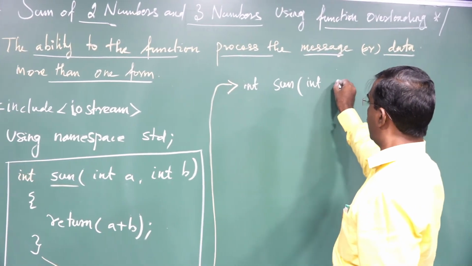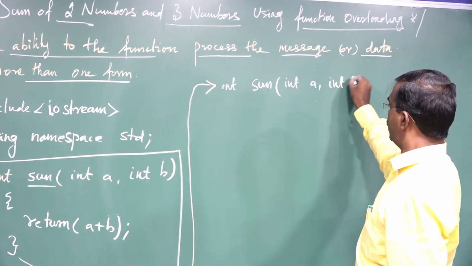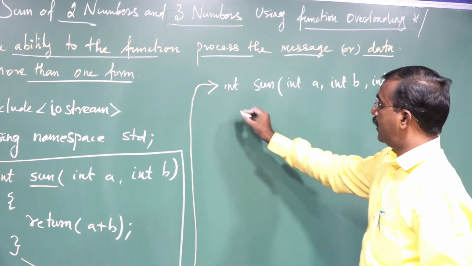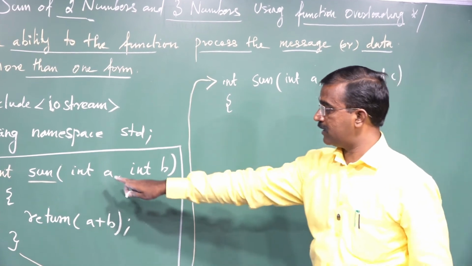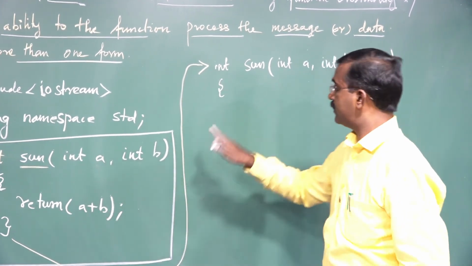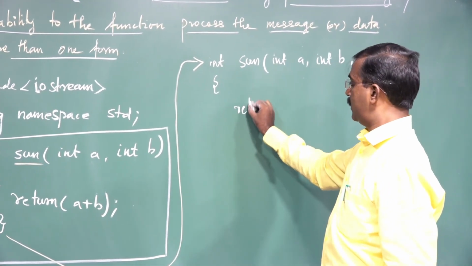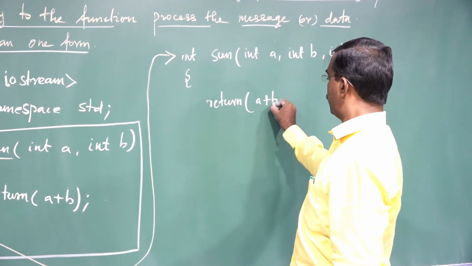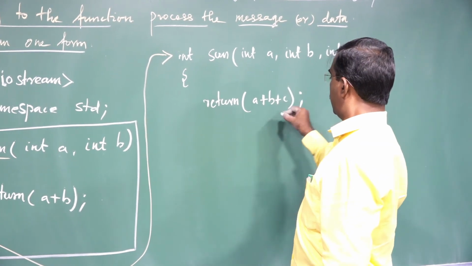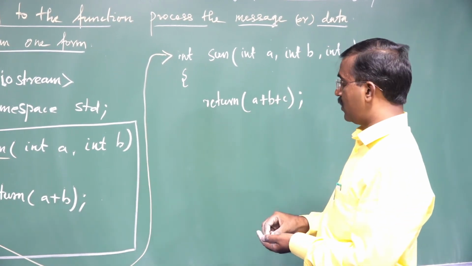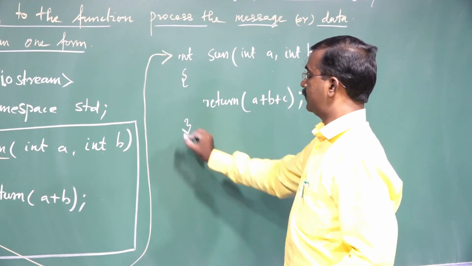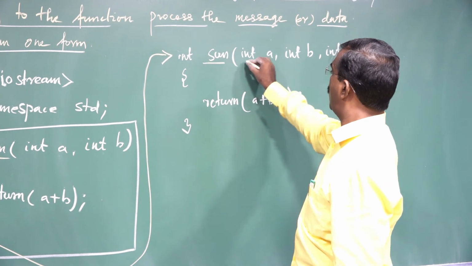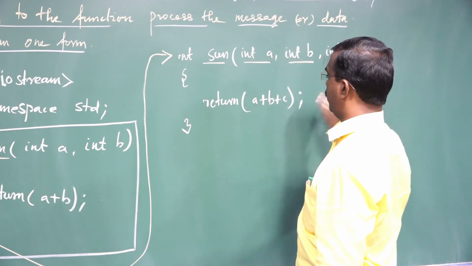Here integer A, integer B and then integer C. In the earlier process, there were 2 arguments, that's why A plus B. Here there are 3 arguments, that's why the return statement is A plus B plus C, it should be terminated by a semicolon. Here Sum with 1 argument, 2 argument, 3 argument.